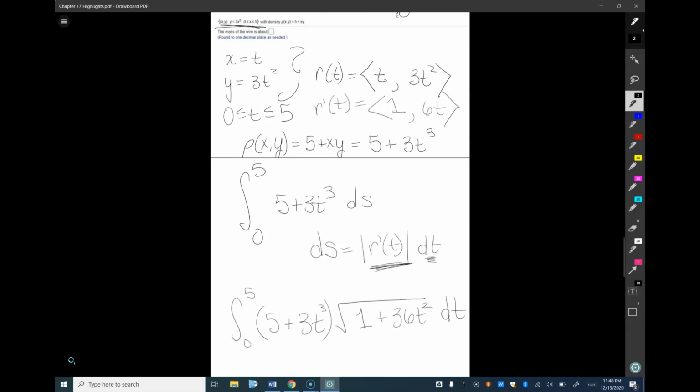This is not one that I would suggest you try to work out by hand. Like I said before at the very beginning, sometimes the hardest part is just getting this integral set up. Once you get the integral set up, it's pretty straightforward from there. It's like a calculus 1 single variable integration problem. So I am not necessarily interested in you having to work out all those crazy calculus 2 techniques of integration.